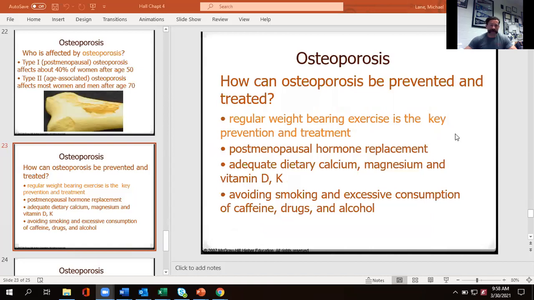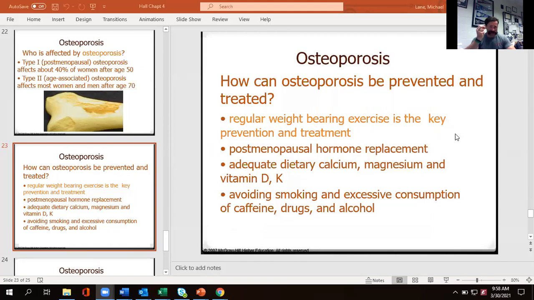Well, the best when it comes to osteoporosis is to avoid it in the first place, rather than trying to dig yourself out of that hole. Okay. Now, making sure that we're doing some type of physical activity. If ladies are postmenopausal, sometimes hormone replacement will help. Making sure that we're getting in not just enough calcium, but enough vitamin D, the mineral magnesium, and vitamin K, since all four of those are important for bone mineral density.